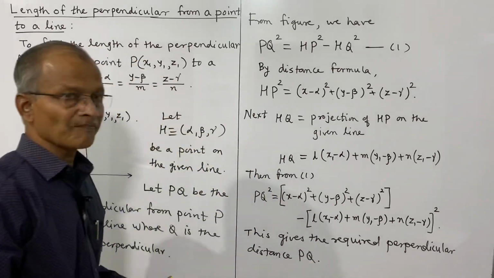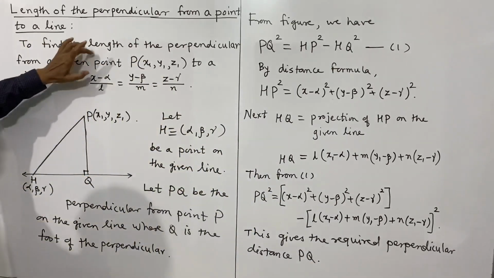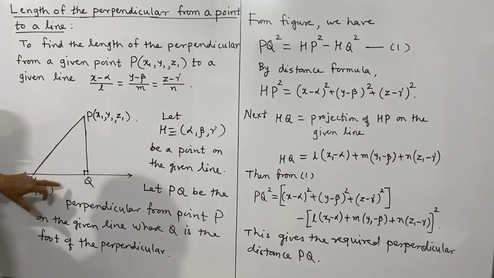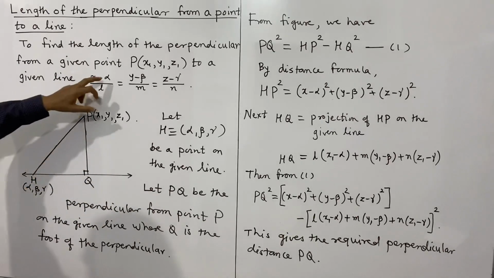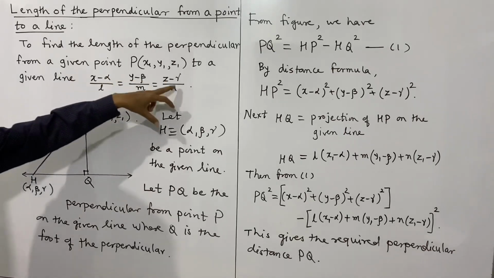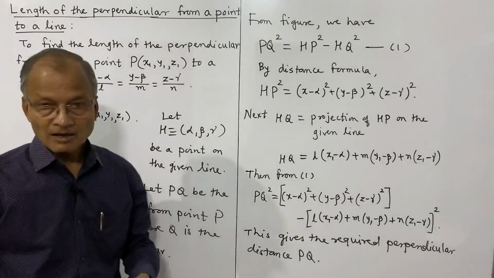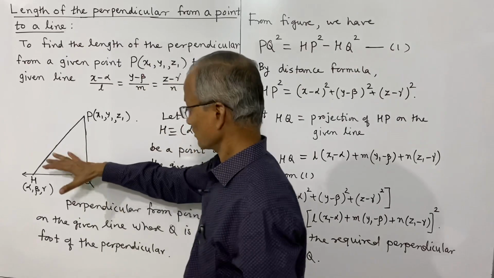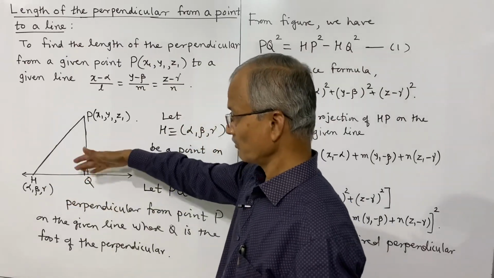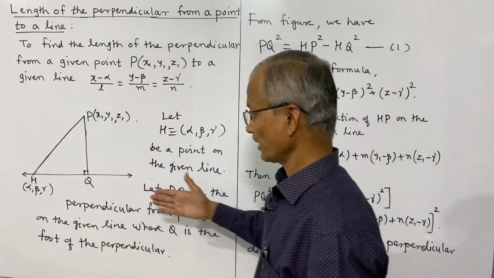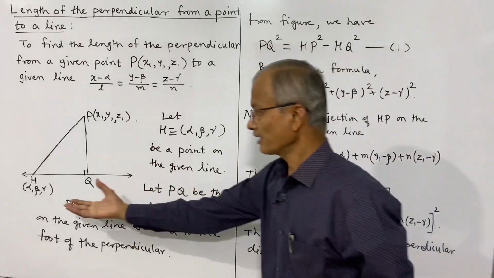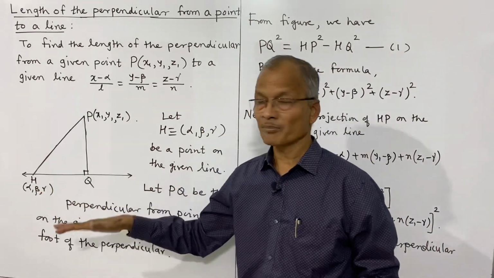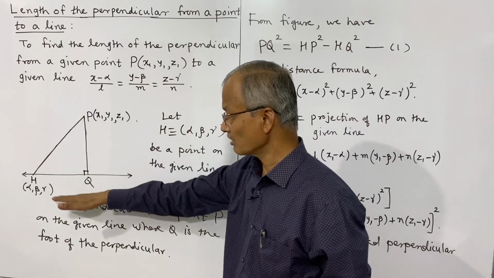So it is simple to find the length of perpendicular from a given point on the given line. The point on the line can be obtained from the equation of the line, and then this right angle triangle will be formed, and we can use the Pythagoras theorem. This distance is obtained by distance formula, and the next distance is obtained by projection of HP on the line.